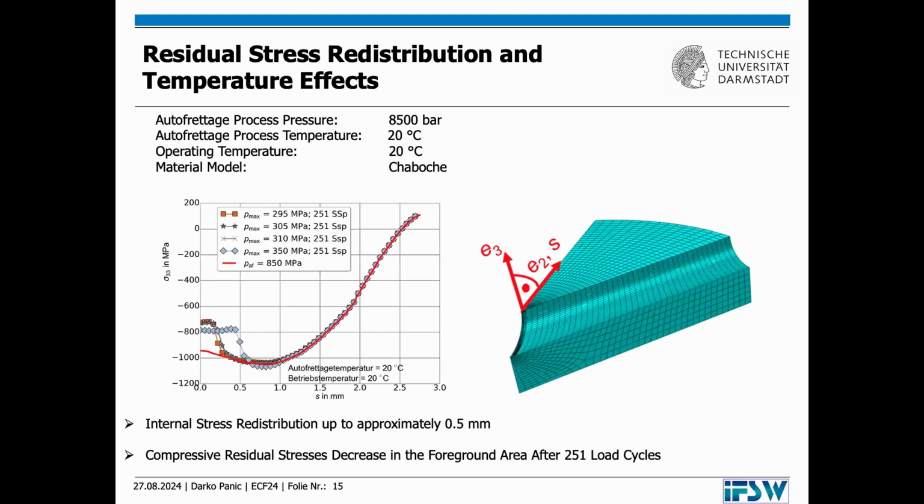The red curves show you the initial residual stress introduced by the autofrettage process, and after operating pressure load of about 251 cycles, you lose about 200 megapascal of initial residual stress in this foreground area. And that's important. You can only reach such results with cyclic elastic-plastic models. It's not possible in another way.